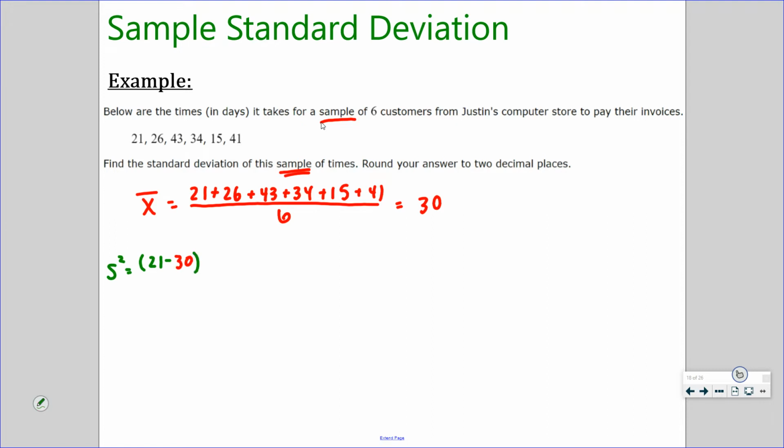Okay, I'm going to square it and keep adding these up as we go. 26 minus 30 squared, 43 minus 30 squared, plus 34 minus 30 squared.